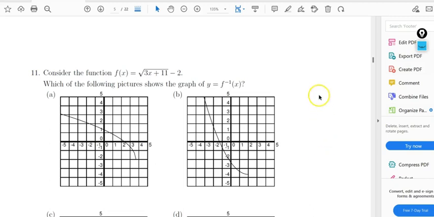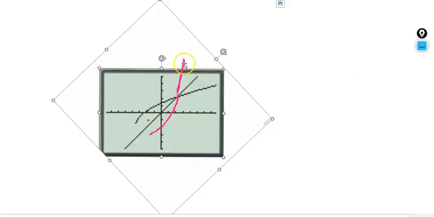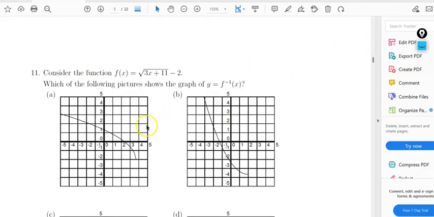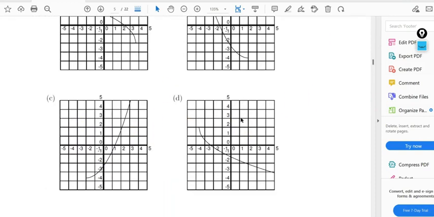Let me get over here. Now am I going to be able to have it back here? All right, I can't impose it on here, but if we go back here, I need to pick the one that looks like what I've drawn here in red. And it's not going to be A, it's not going to be B, it's going to be C. C is the only one that looks like what I drew in red.